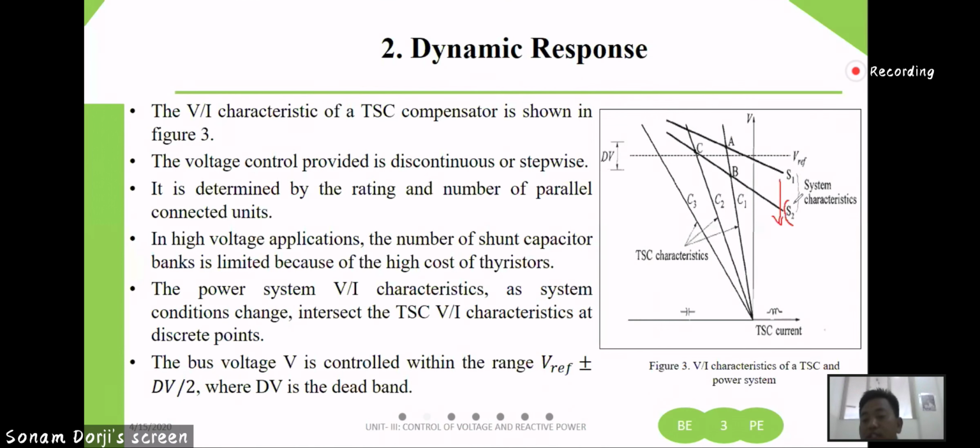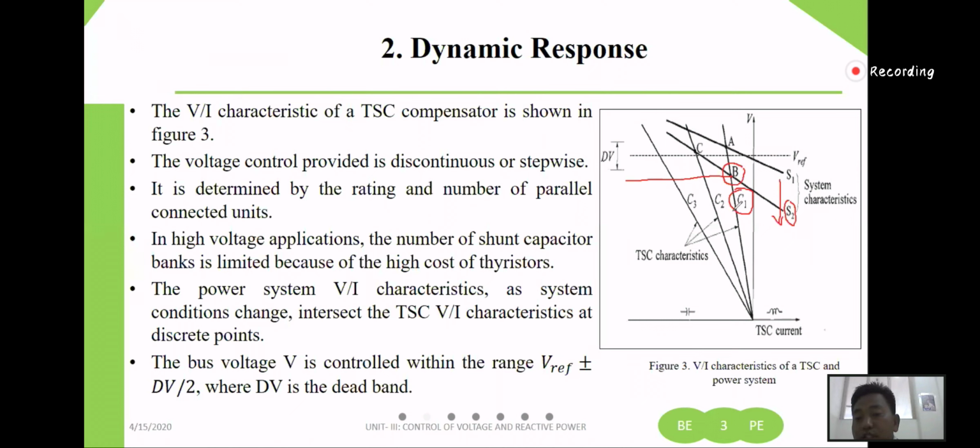When it changed to S2, with switching on this TSC1, your operating point is here, means it's crossing beyond the dead band. Now your voltage deviation is huge, right? Which means we are not able to maintain our acceptable range.